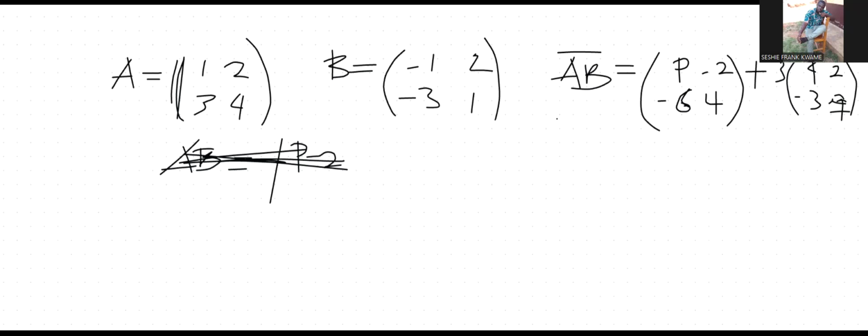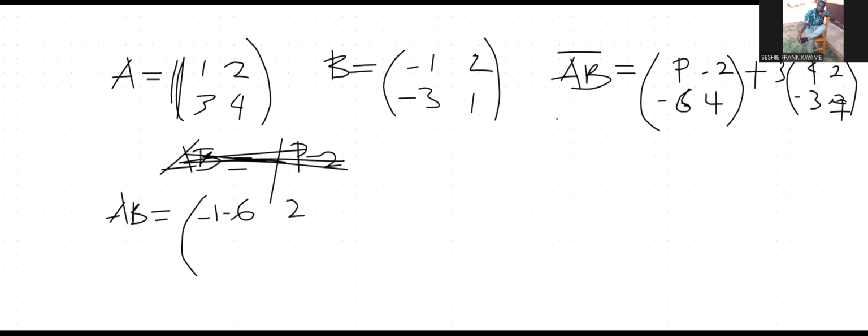Okay, so let's look at it. Let's do AB. So AB should now be: 1 times negative 1, 2 times negative 3, negative 6. Then 1 times 2, 2, 2 times 1, 2.